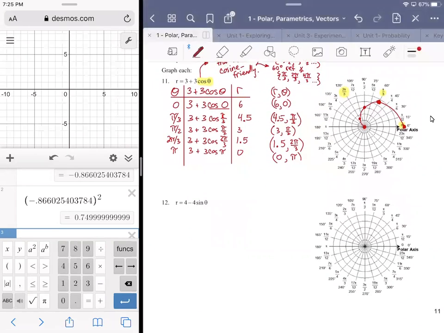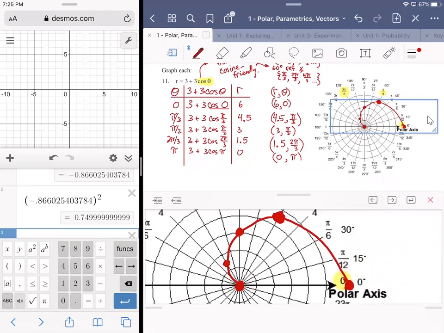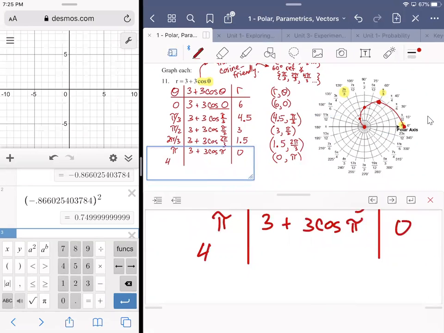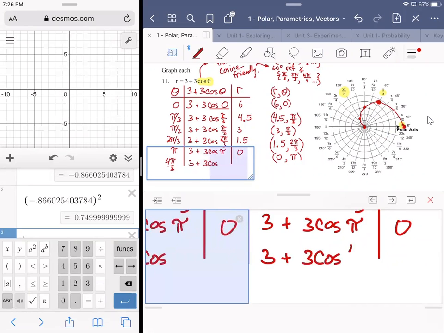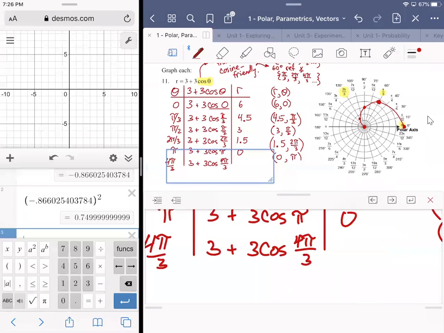All right. So next up would be 4 pi over 3. So 3 plus 3 cosine of 4 pi over 3. Third quadrant where cosine is negative.